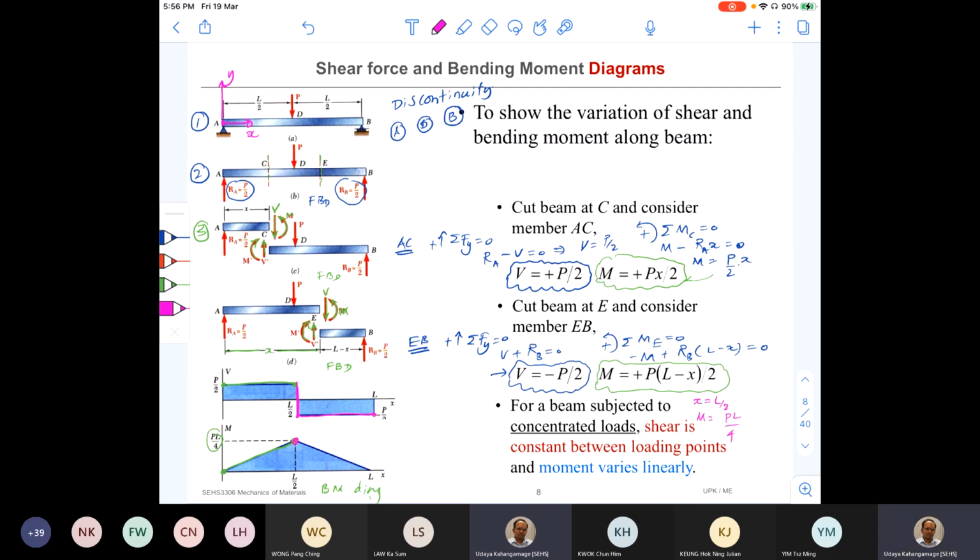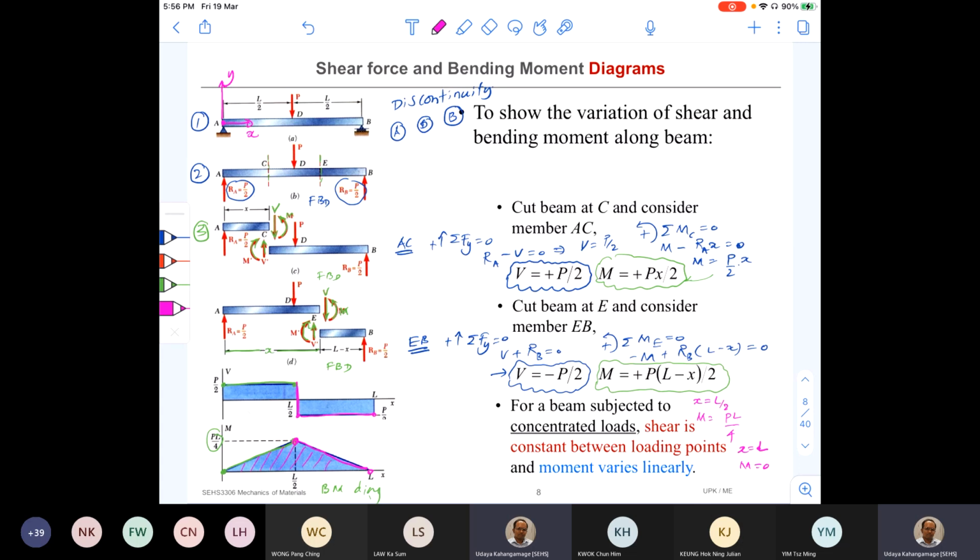So that means this point. When X equal to L, M becomes 0. So this point. So then D to E variation is like this, right? So now we constructed the bending moment diagram.